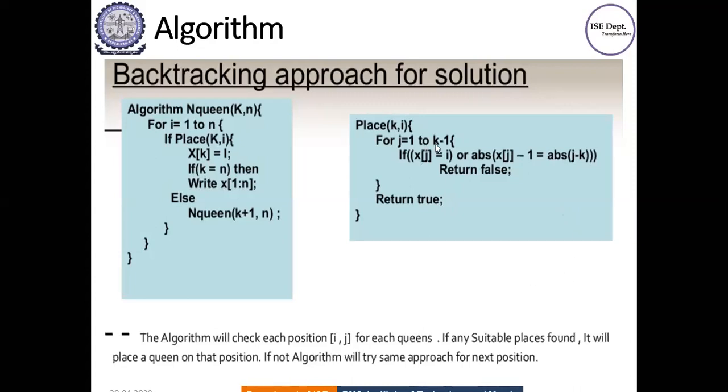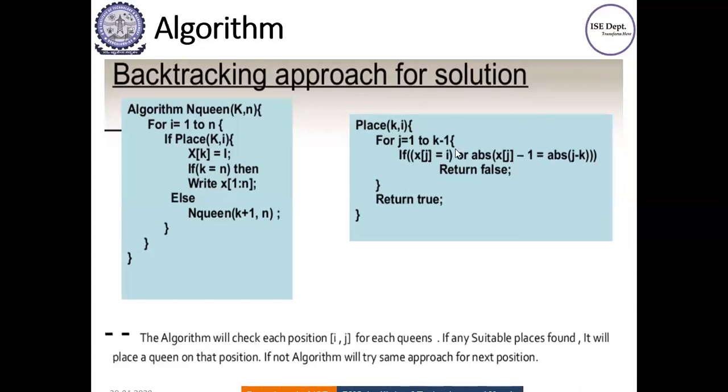This k here indicates row and i here indicates the column. Am I clear now? So this particular function, place of k comma i, is also an algorithm, correct? It returns true if a queen can be placed in the kth row and the ith column. Otherwise, it returns false. Am I clear here?